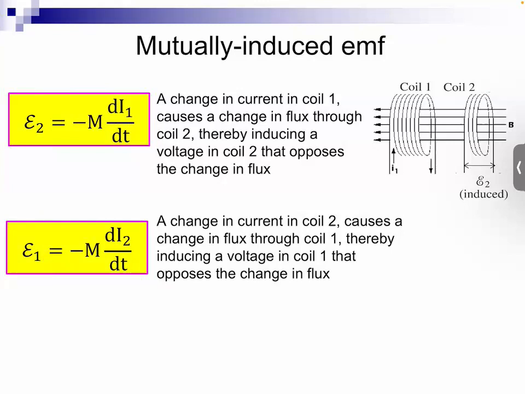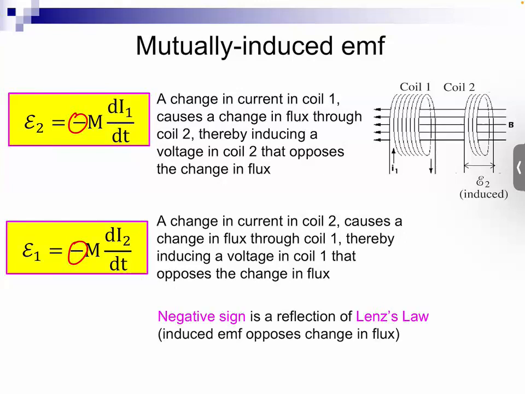The negative sign here in this equation follows from Lenz's law. When we were talking about Faraday's law and talking about the direction of the induced current, because of the induced magnetic field, Lenz's law says that the induced EMF or the induced current that's created will oppose the change in the flux.